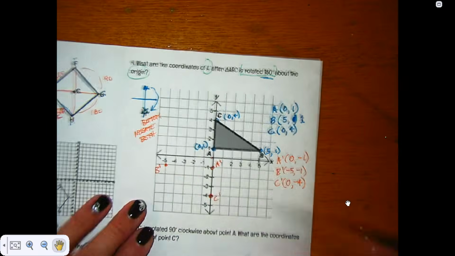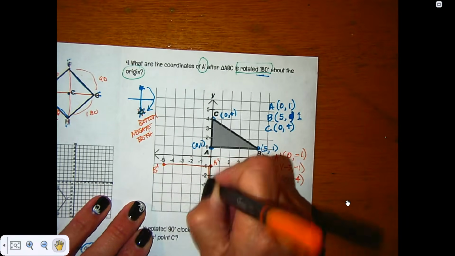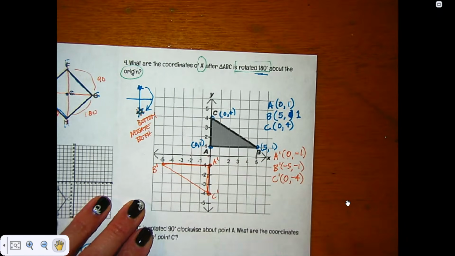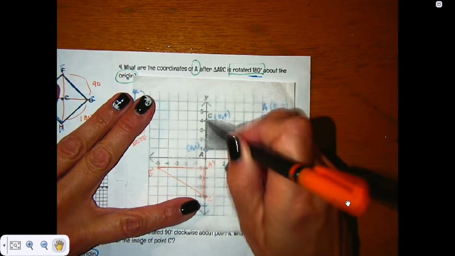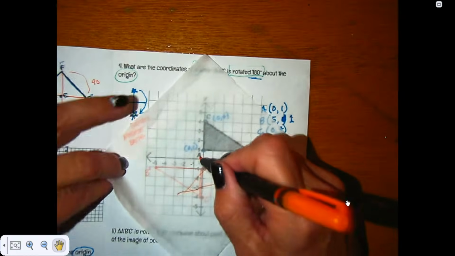I'm going to go ahead and make my shape. Okay, it should be a rigid motion, so it should look like it is the same size and shape. And it should look like, if I were to trace this right here and spin it 180 degrees, halfway around, would it land on this point?